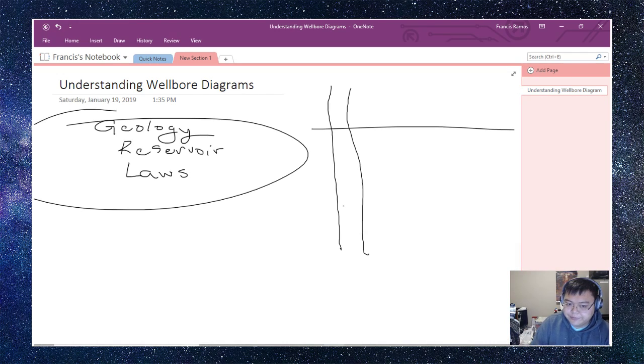So, assume we have a wellbore right here. The key understanding to designing a wellbore diagram is that you design it backwards. What I mean by that is, you assume you drill your hole, you run your logs, you take care of anything.